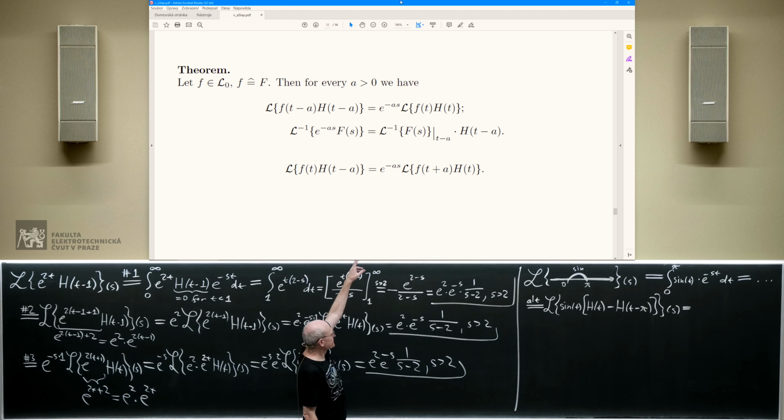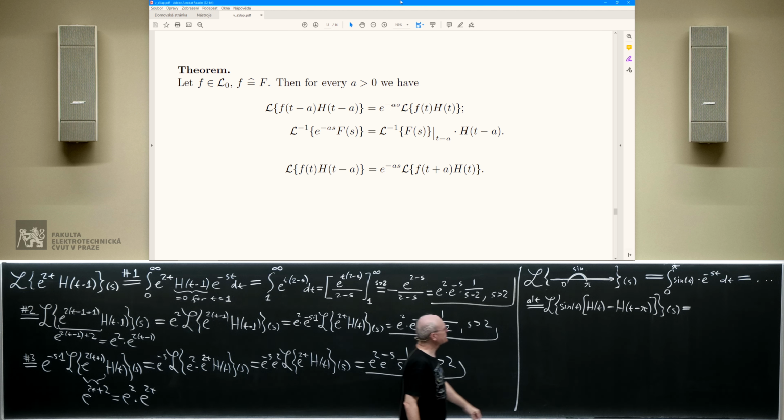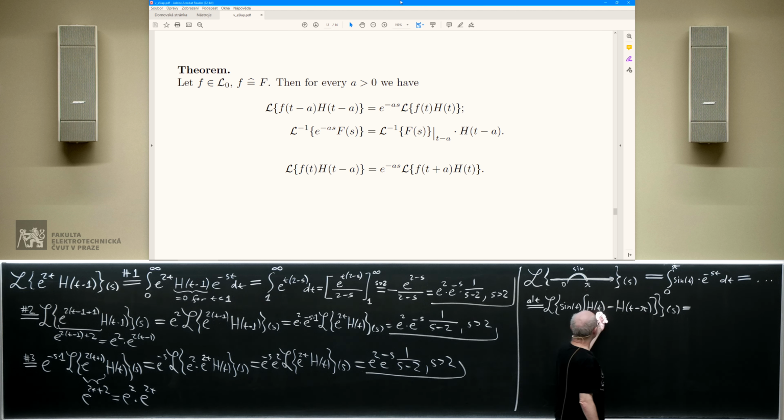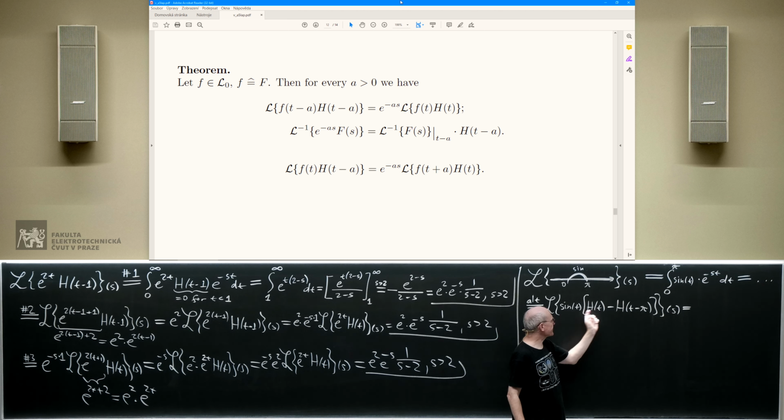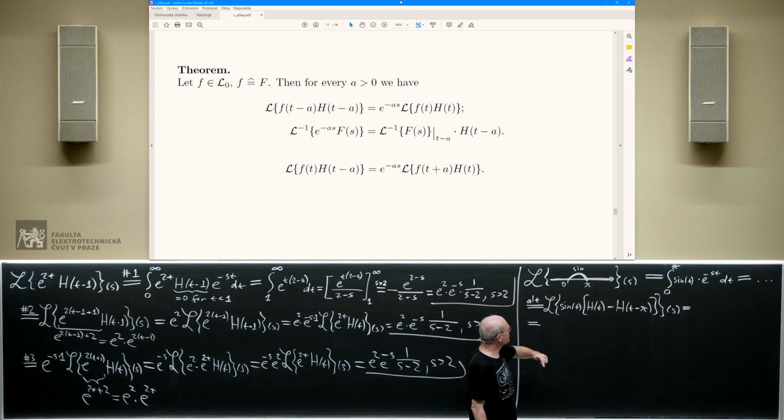Now, let's see. The rule says, well, I cannot apply it, can I? There are two Heaviside functions, and they are different. So what I have to do, I have to multiply the sine function out in this bracket and split it into two Laplace transforms. Fortunately for us, Laplace transform is linear.